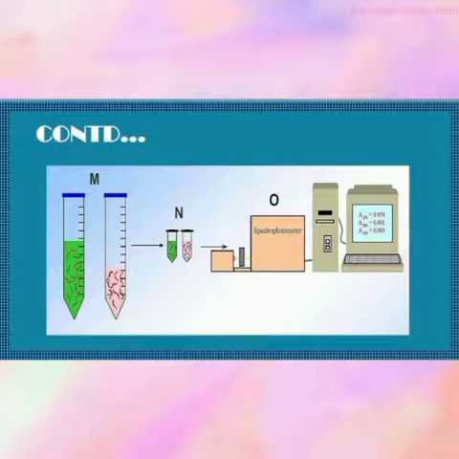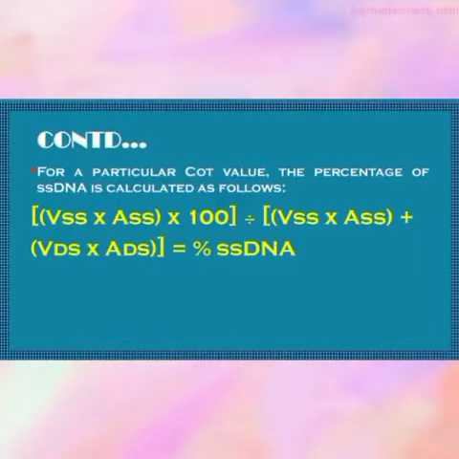Lastly, the A260 values of the single-stranded DNA per KOH mixture and the double-stranded DNA per KOH mixture are determined. The A260 value is the absorbance value. As we all know, nucleic acids strongly absorb UV light with a wavelength of 260 nanometers due to the resonance structure of the purine and pyrimidine bases.